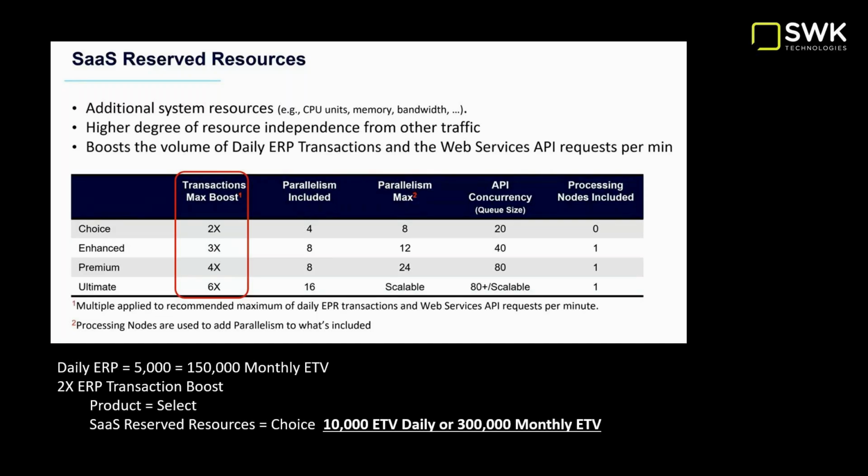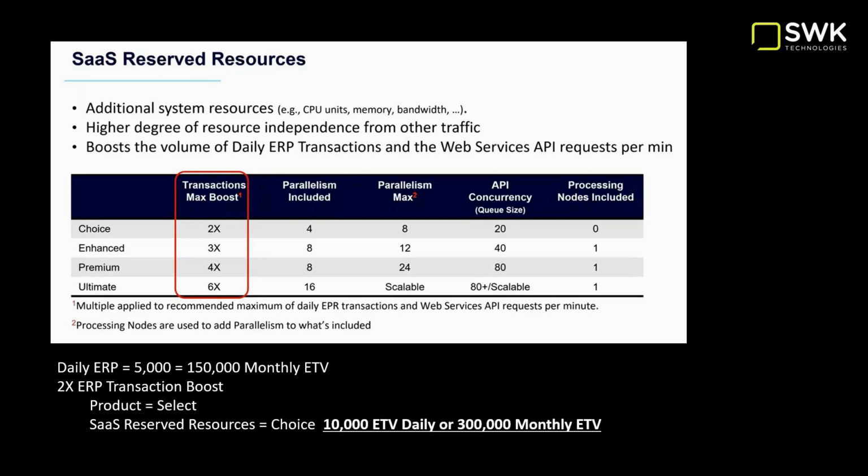It's going to give us a higher level of resource independence from other traffic because those resources are exclusively reserved for your license. And this example is showing us that we get in choice 2 times the resources to support transactions, 3 times in enhanced, 4 times in premium, and 6 times in ultimate. And that's just helping our transactions get boosted.